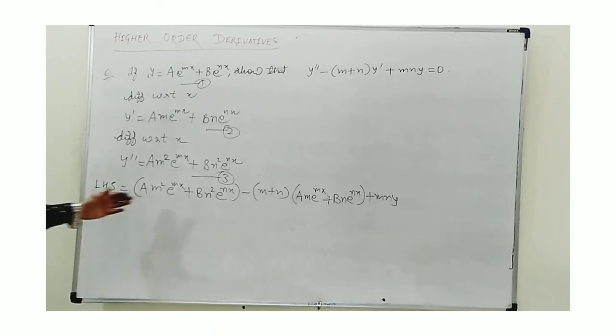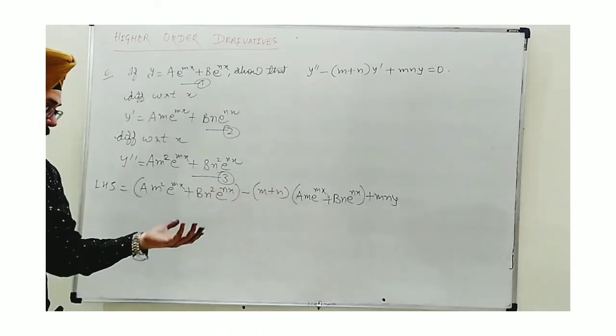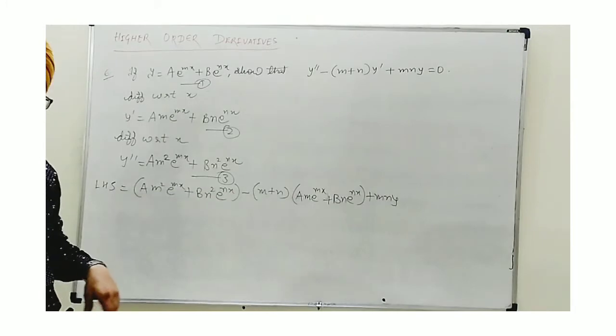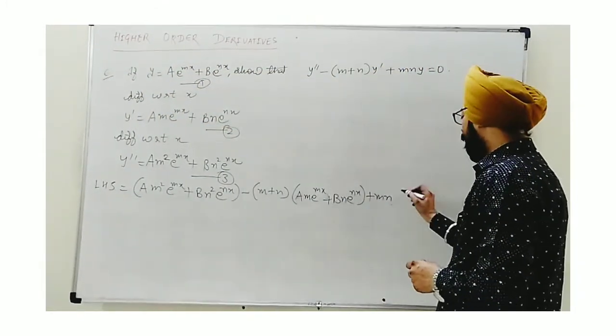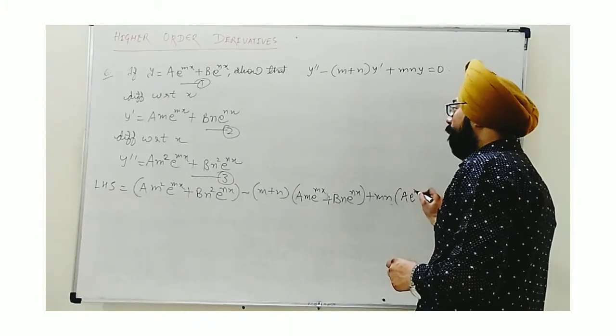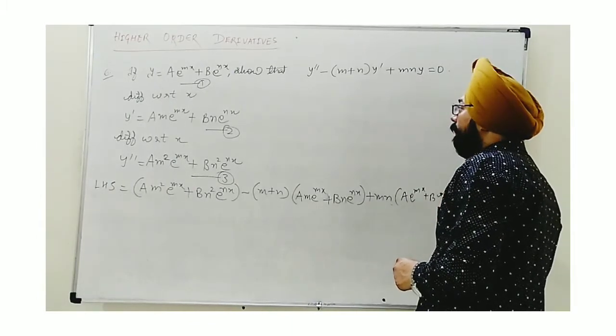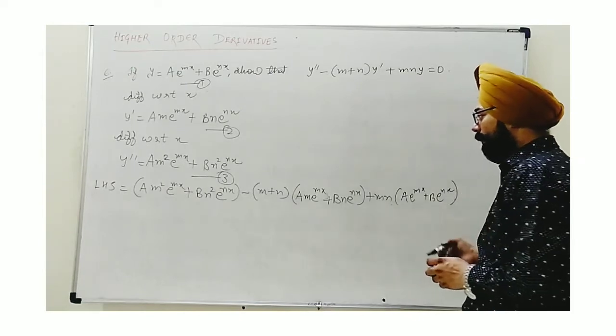As I see that all the terms are written in terms of e raised to the power mx or nx, the same thing we are going to do with y also. Replace y by the value given, a e to the power mx plus b e to the power nx. This way we can do.